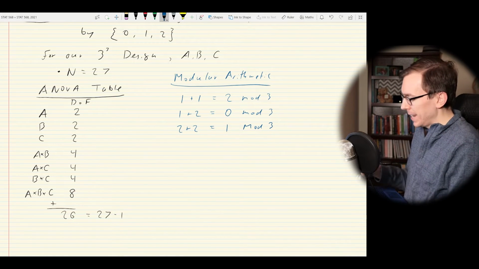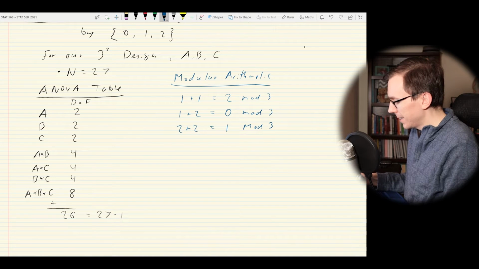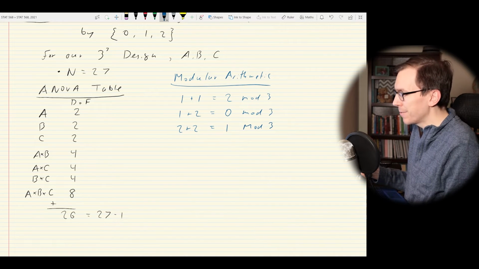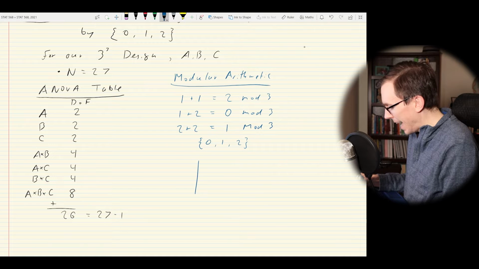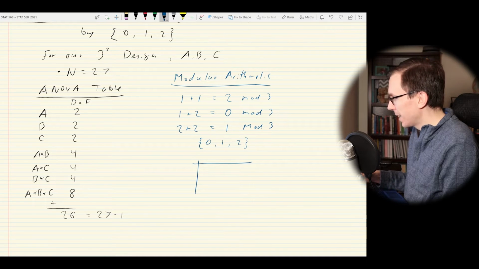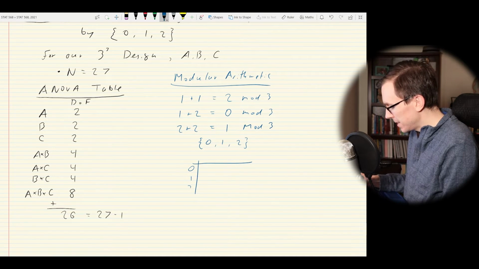So all we're saying is we're going to consider arithmetic on, technically a finite field because 3 is prime, of 0, 1, and 2, where if I add the numbers together, I get 0, 1, 2 along the top and 0, 1, 2 along the side. 0 plus 0 is 0, 1 plus 1 is 2, 1 plus 2 is 0, and 2 plus 2 is 1.